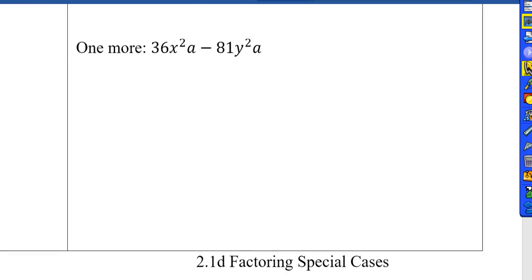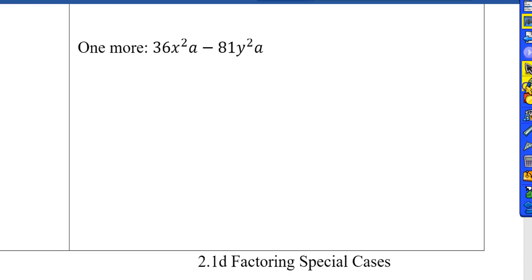So here we go. What do you see? I see a binomial. I see some perfect squares, but I see some other things. A GCF. What is it? 9 and A. So we're going to factor out a 9A, leaving us with 4x squared minus 9y squared.